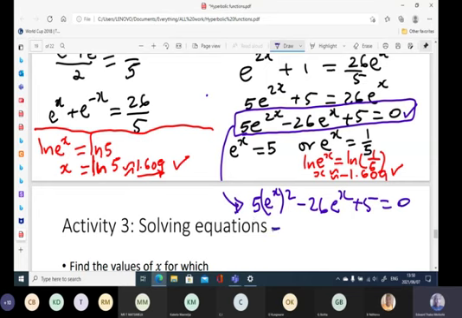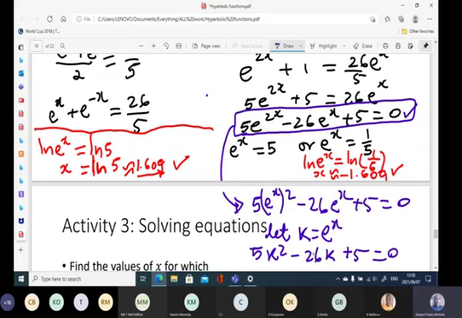So this is the same as 5, and then we let k to be equals to e to the power x. So this means this will be 5k squared minus 26k plus 5 equals to 0. Now this one you can solve using the quadratic formula.